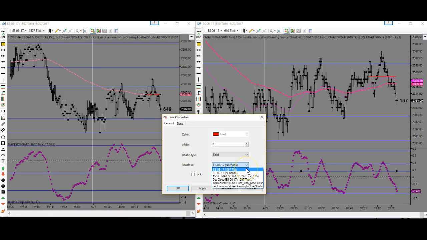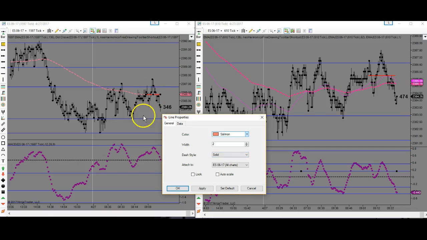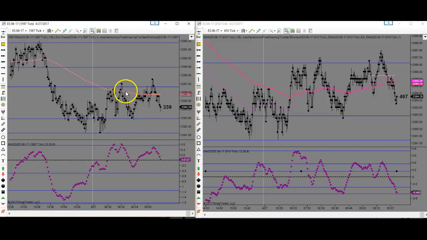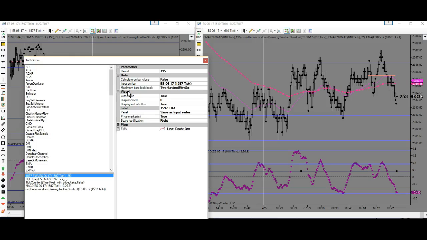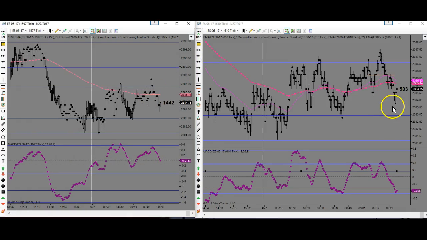If you ever just want it on that one chart, you're going to click on the one chart that you want it on. And I'm changing it to salmon, which is close to whatever color I made my pretty pink over here. Pale violet red.